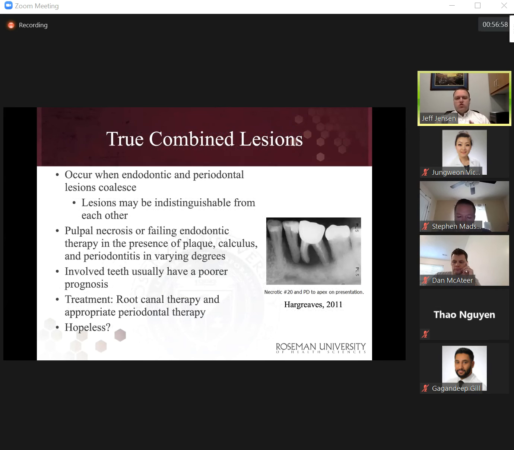So here's the true combined lesion. This occurs when you have an endodontic lesion and a periodontal lesion coalesce. So they both developed, and now they've come together and met together. The lesions essentially become indistinguishable from one another, okay? So you have pulpal necrosis, or it could be a failing endo.